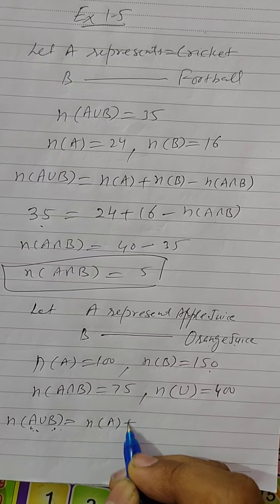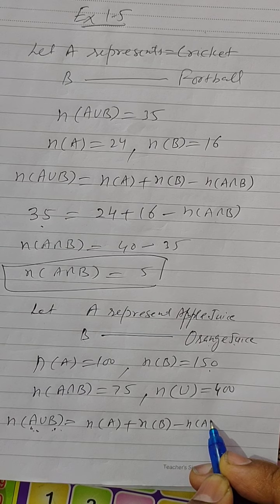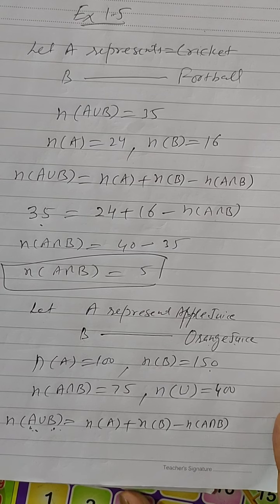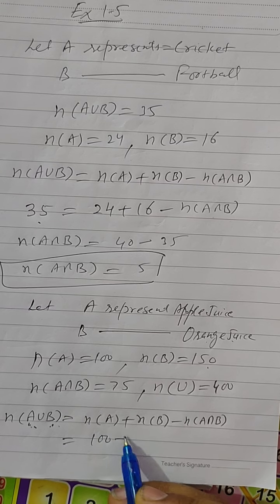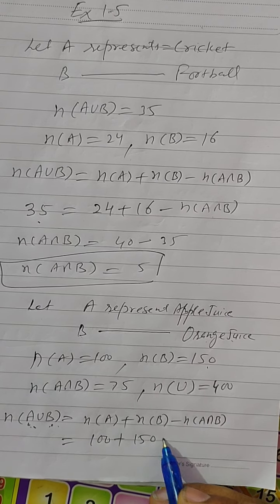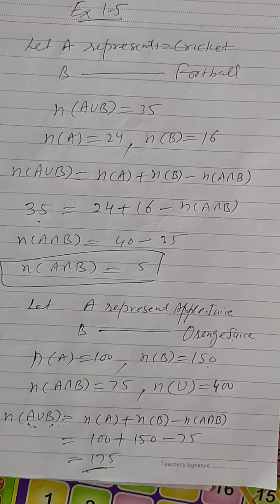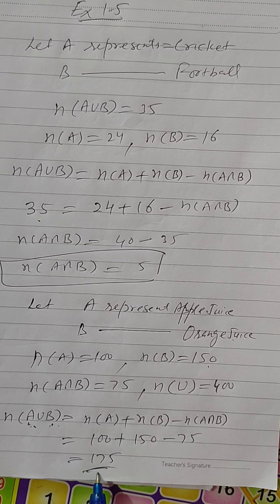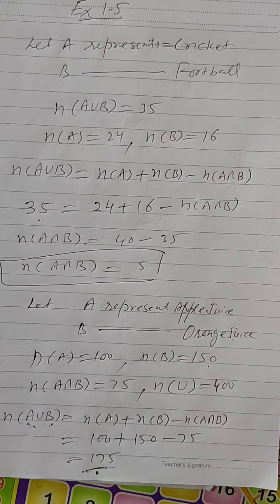It is n of A plus n of B minus n of A intersection B. N of A is 100, this is 150, this is 75, which will be equal to 175. So 175 are those who are taking either apple or orange juice. But we have to find who are taking neither apple nor orange.